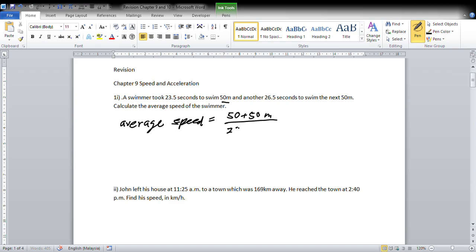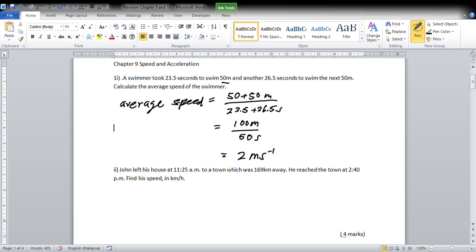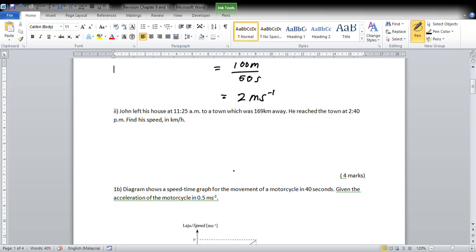Total time taken is 23.5 plus 26.5, which after you sum up will be 50 seconds. So the average speed for the swimmer will be 2 meters per second. Okay, next.